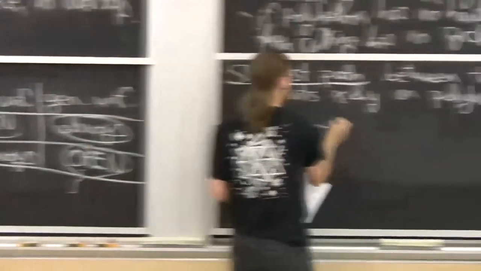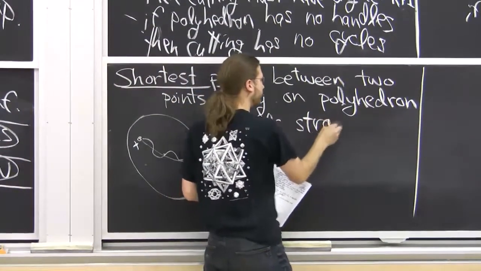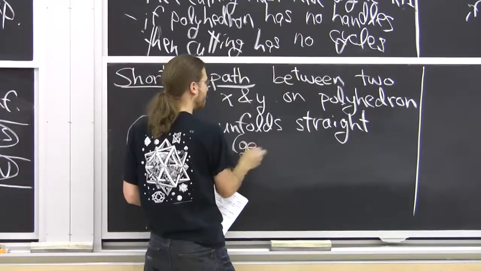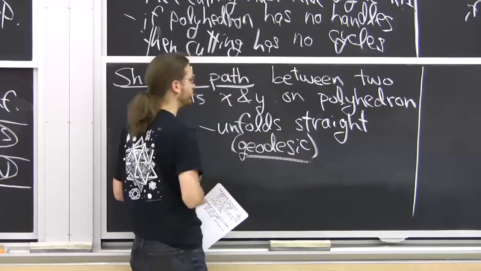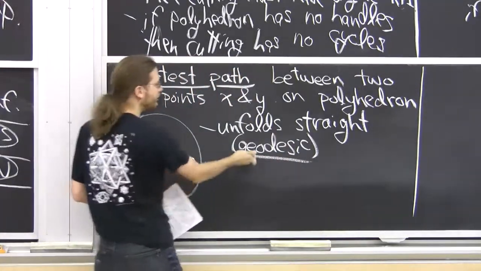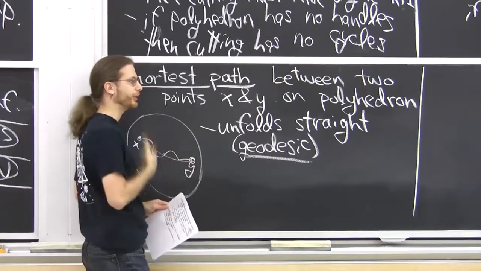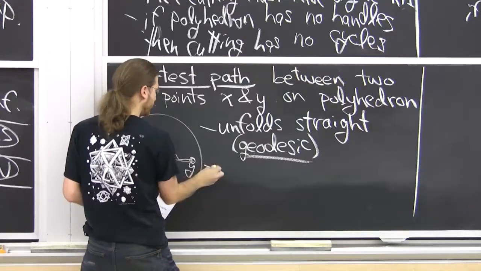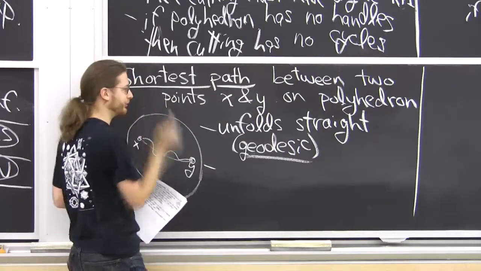And this is a property called geodesic. The shortest paths always unfold straight. And in general, anything that unfolds straight, it might not even be shortest, is a geodesic. So sometimes it's useful to have these, which are locally shortest. Locally you can't make them any shorter, but they might have made the wrong choice. They might have gone around the wrong way. A geodesic is like going straight for a long time. You could actually spiral around and do all sorts of crazy things.